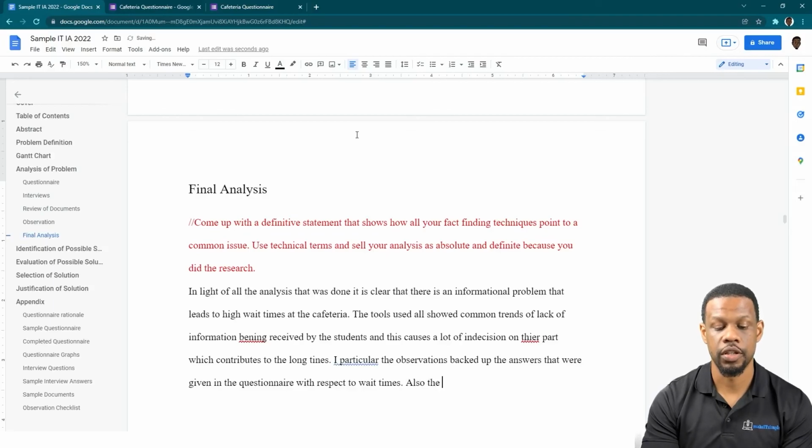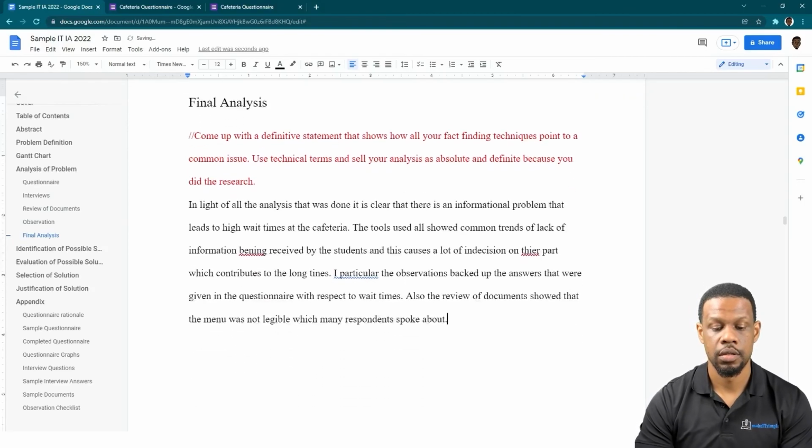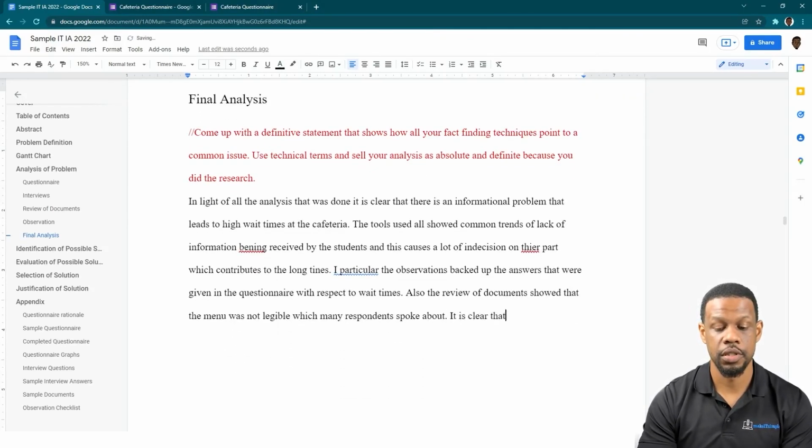Also, the review of documents showed that the menu was not legible, which many respondents spoke about. So it is clear that the information about the menu is a major issue that needs to be solved.